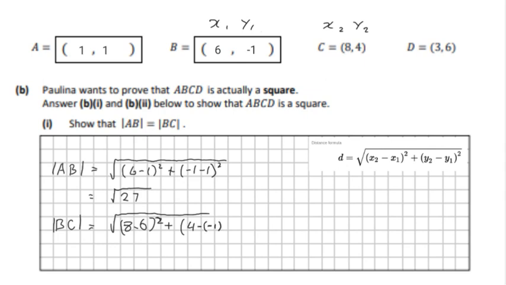So be very careful with the signs. Close your brackets. And again, that's 2 squared plus 5 squared, which is the square root of 27. So therefore, the length of BC is equal to AB.